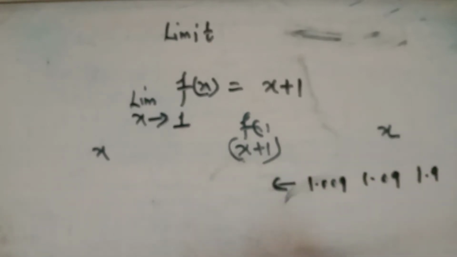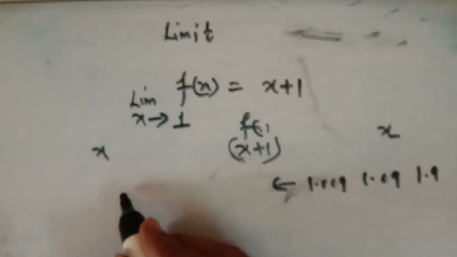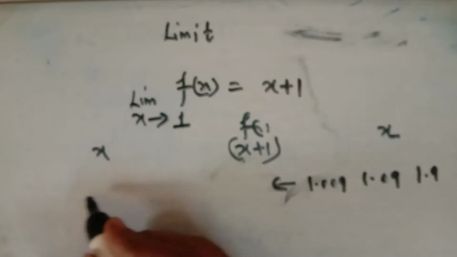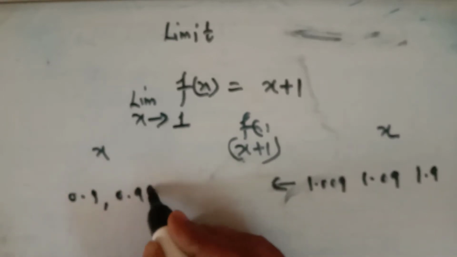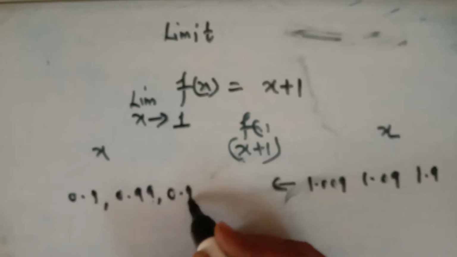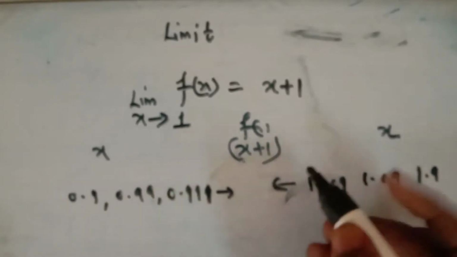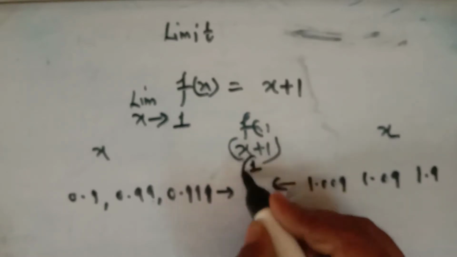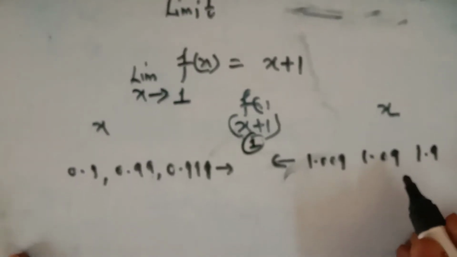That is, the value of x is approaching 1. Now when the value of x is approaching 1 from the smaller value of 1, let us say 0.9, 0.99, 0.999 and so on, it is approaching 1. That is, it is approaching 1 either from the greater value or the smaller value.